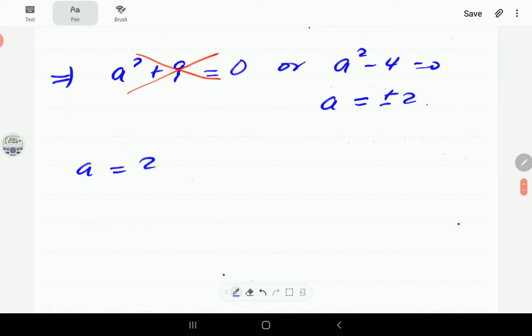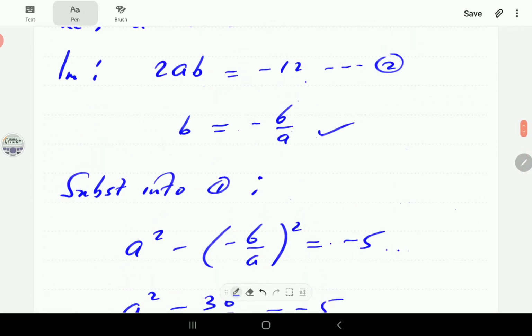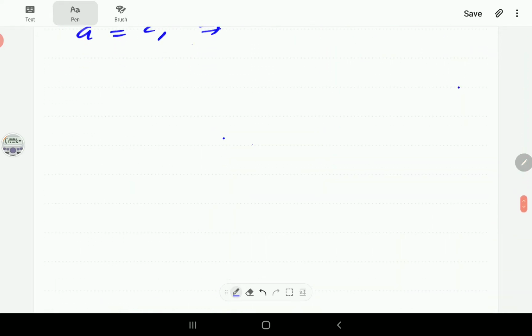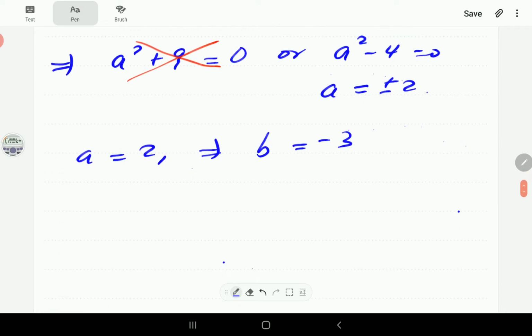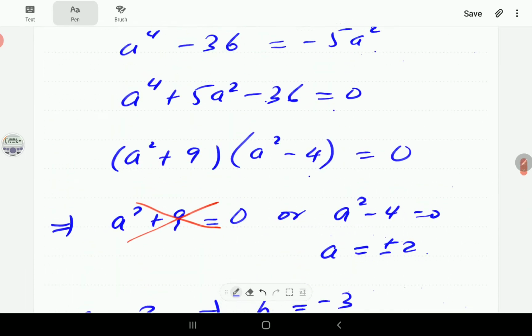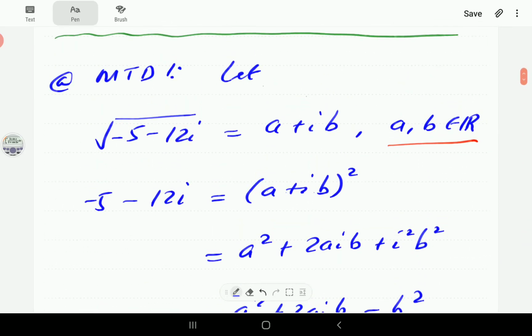If a is 2, then plugging in, b is negative 3. And if a is negative 2, b is 3. So we have our solution now. All we need to do is plug in a and b.